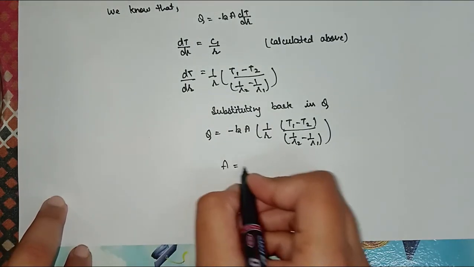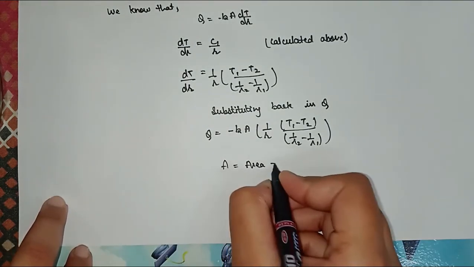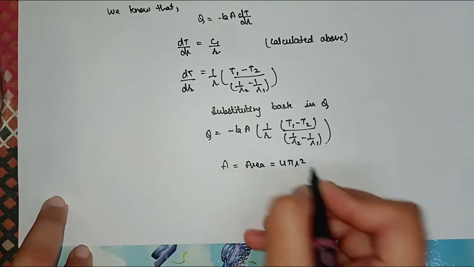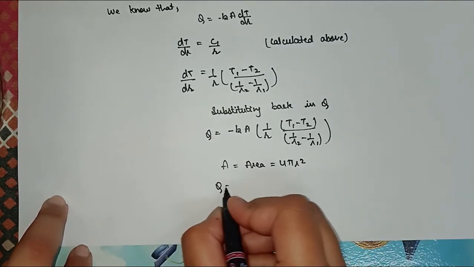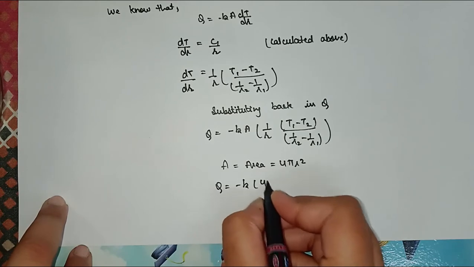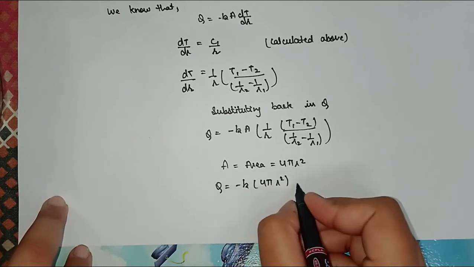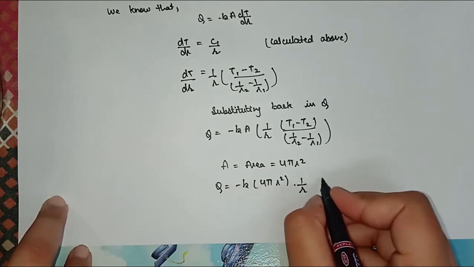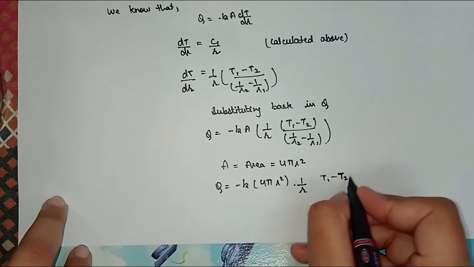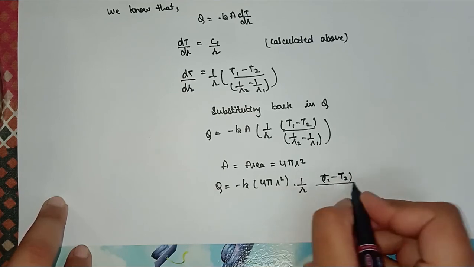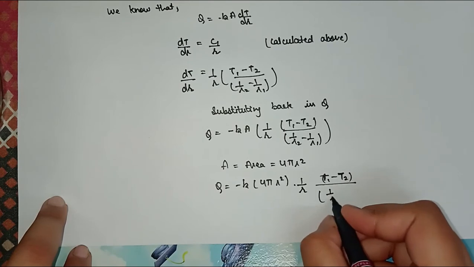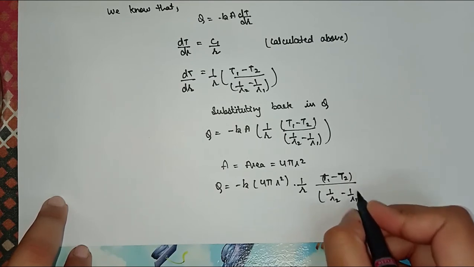A is the area of the sphere and is equal to 4 pi r square. Substituting the value of A, we will get Q equals minus K 4 pi r square multiplied by 1/r, multiplied by (T1 minus T2) divided by (1/R2 minus 1/R1).